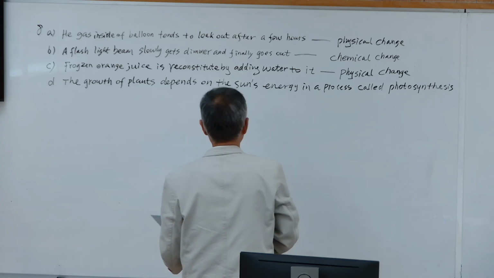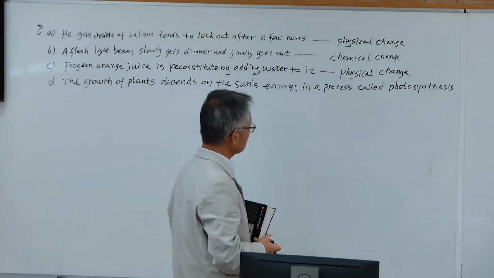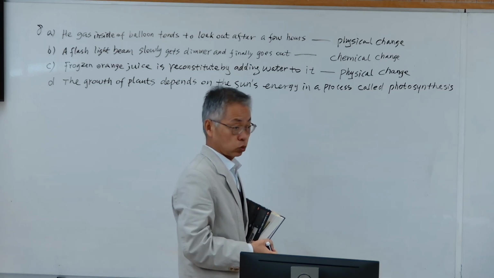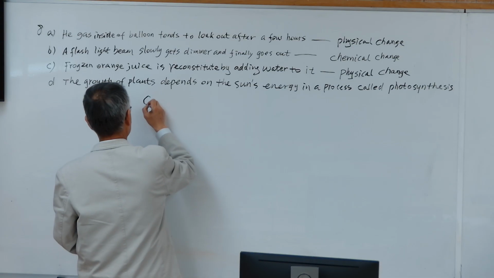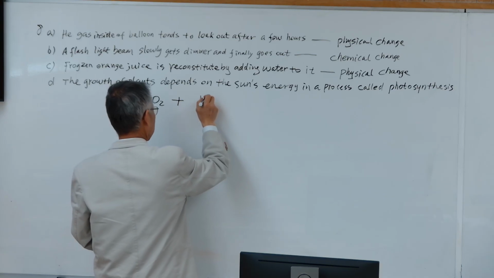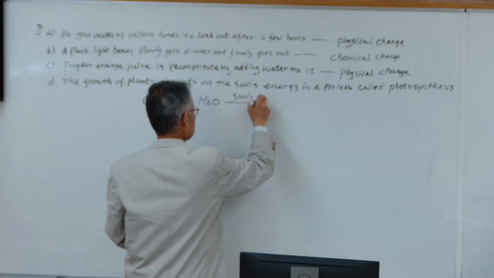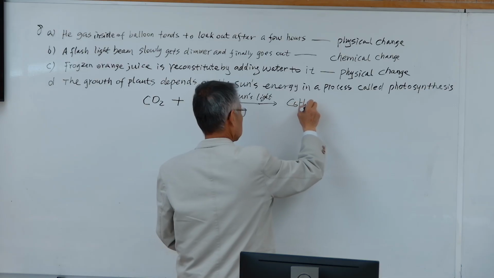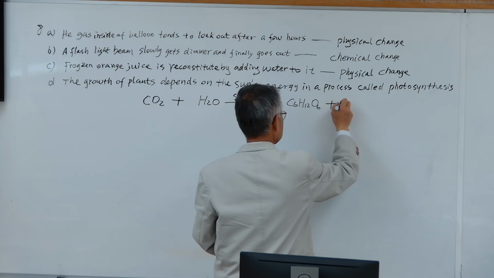So this process is a chemical change. Photosynthesis is where a plant uses sunlight to synthesize nutrition. The actual reaction is carbon dioxide and water, under the sun's light, synthesize glucose and release oxygen.